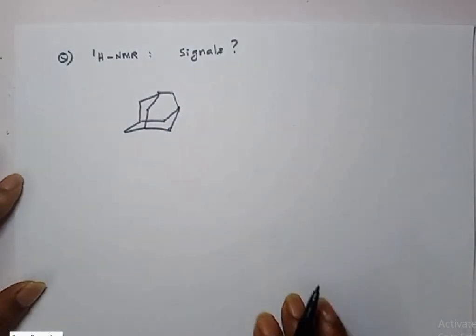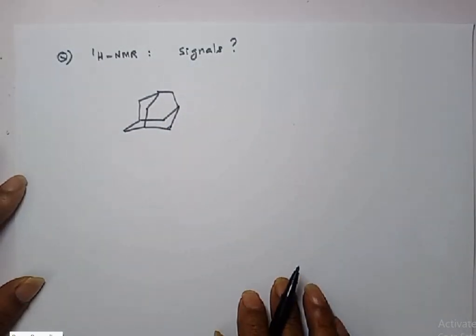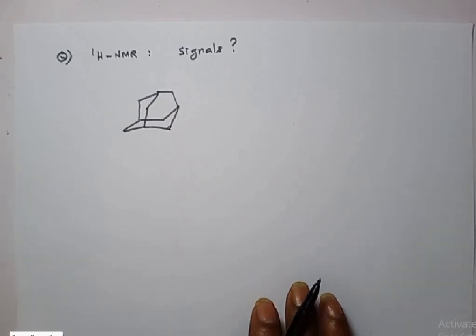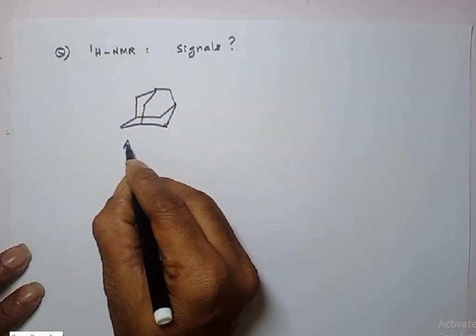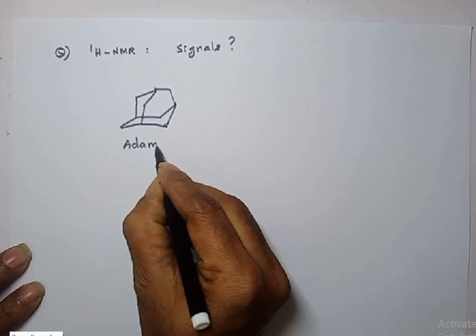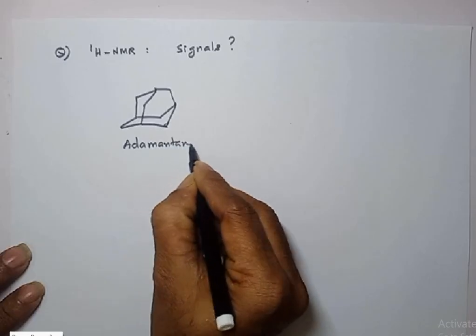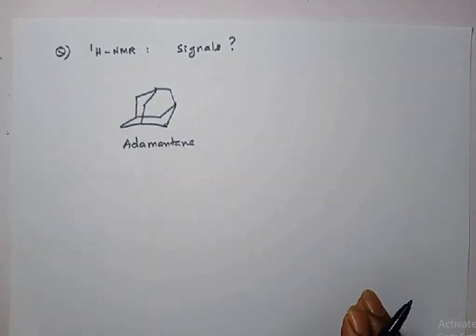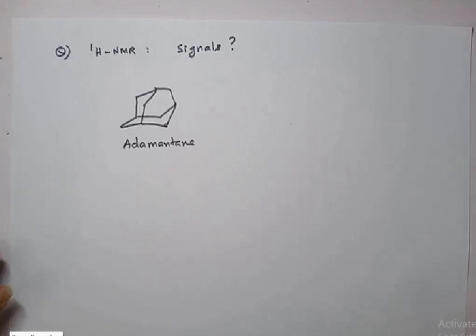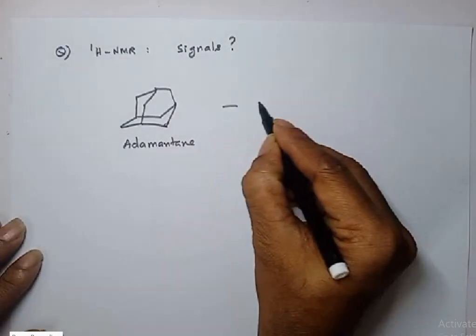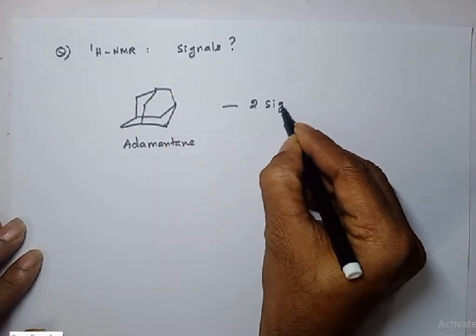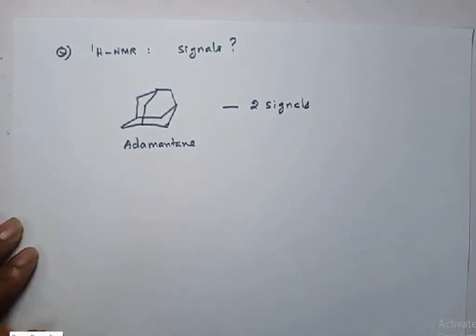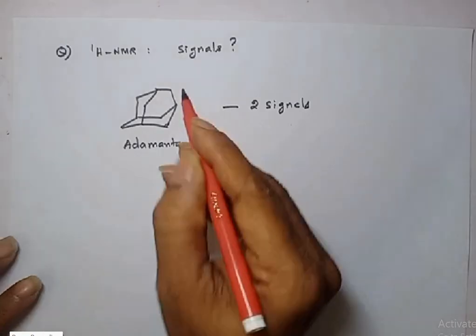How many signals do we get in the proton NMR spectrum of adamantane? For this compound, we get 2 signals because this compound has 2 different types of protons.